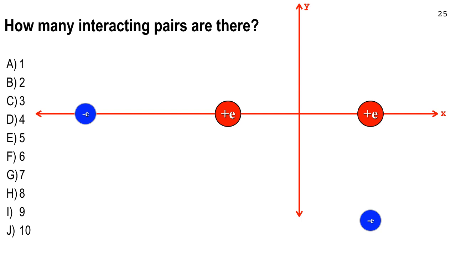Because remember, the Coulomb interaction is a pairwise interaction. At the fundamental level, it's an electron interacting with another electron, or an electron interacting with a proton, or a proton interacting with another proton. So take a minute to think.